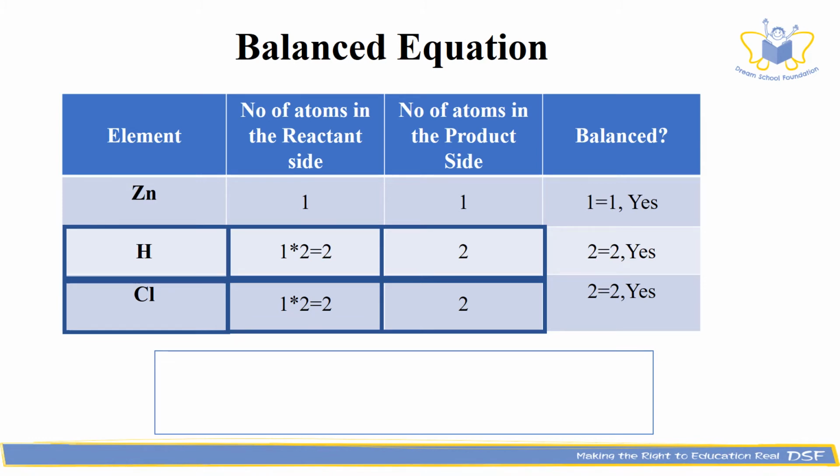Now, this is a balanced equation because we have multiplied with 2 as its coefficient. The reactant and product are equal now. Zinc plus 2HCl gives zinc chloride plus hydrogen. This is a balanced equation.